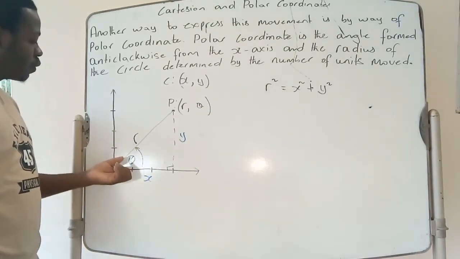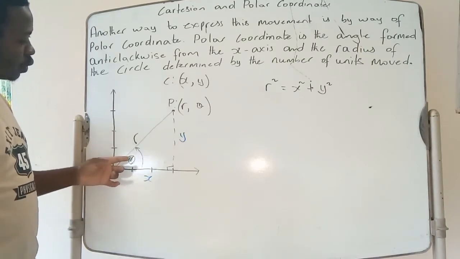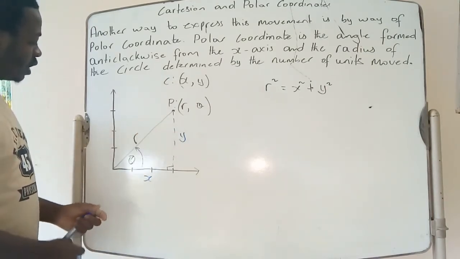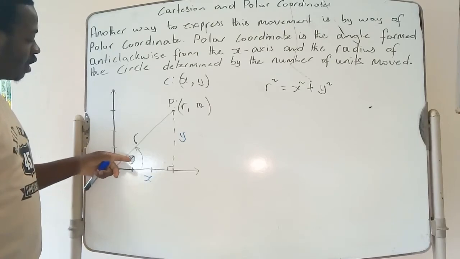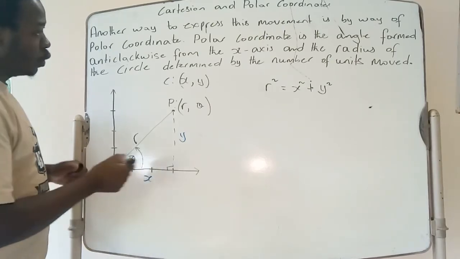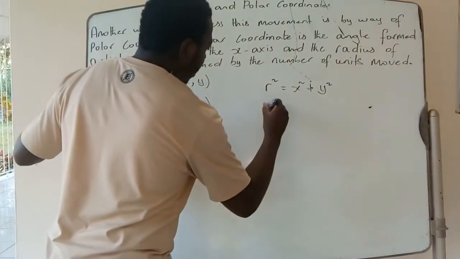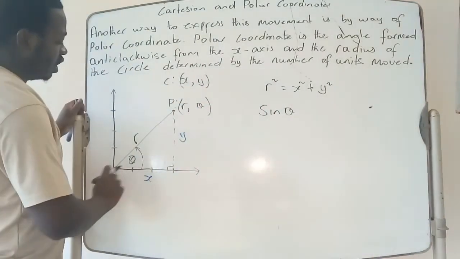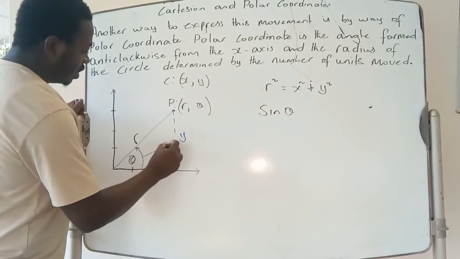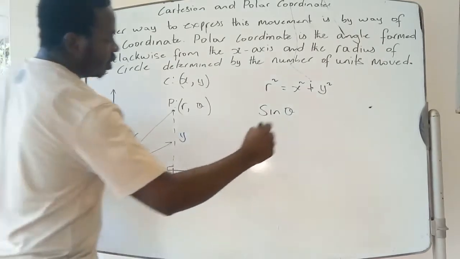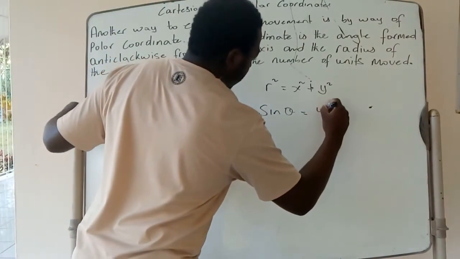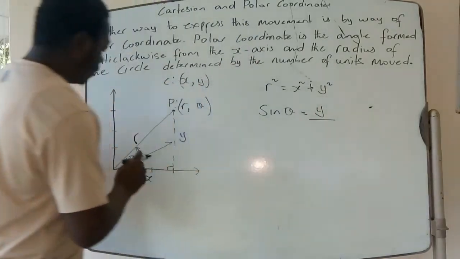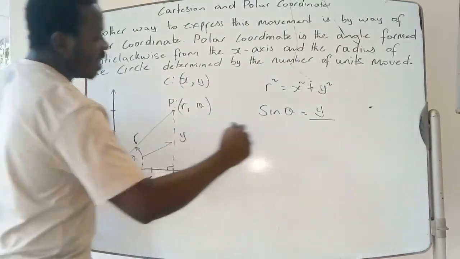But how could we relate this angle here with these measurements? Let's say we want to take the sine of theta. Here, we could also say sine of theta, which is the angle here, is equal to the opposite length, which is this side here, y, over the hypotenuse, which is r, here.